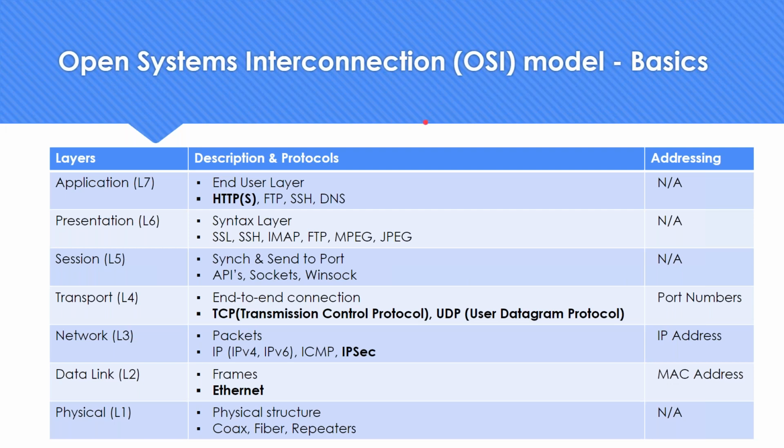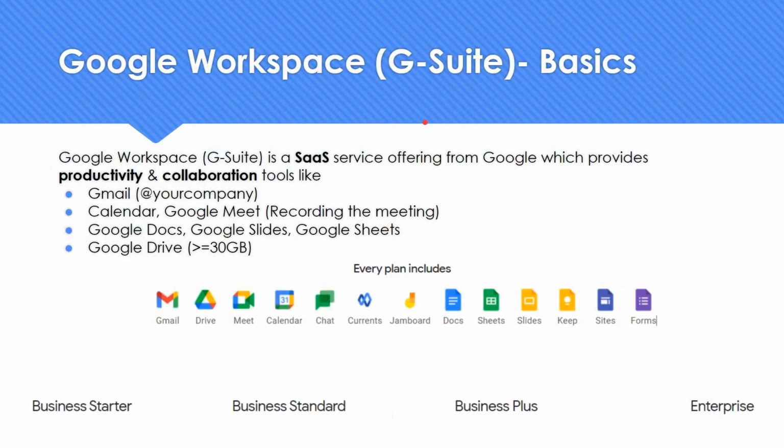Another basic piece of information which I wanted to share is Google Workspace, the erstwhile name of which was G Suite. This is nothing but, for people who have worked on Office 365, which is provided by Microsoft, what you get here is basically the equivalent in Google.